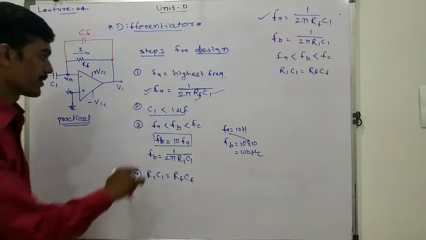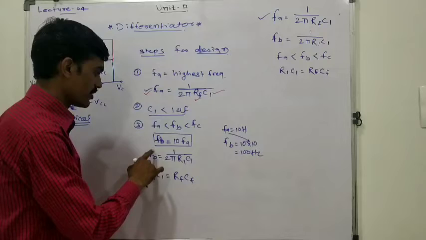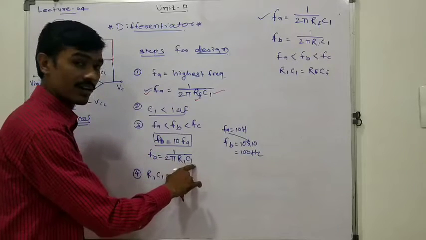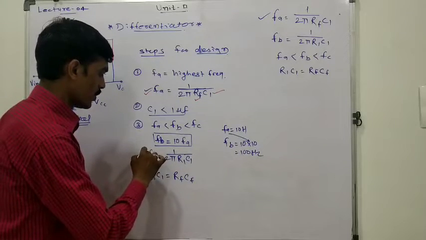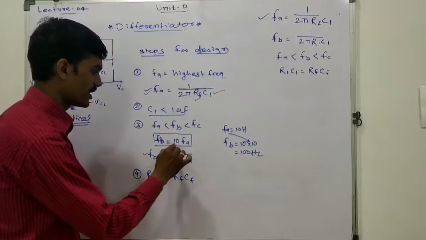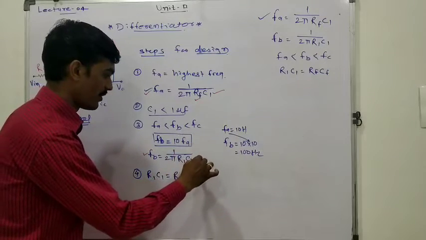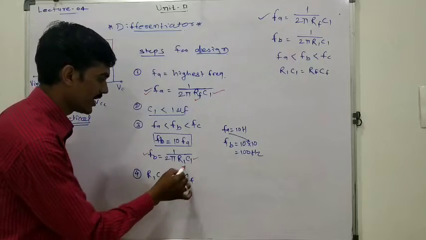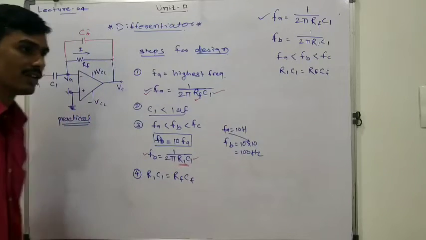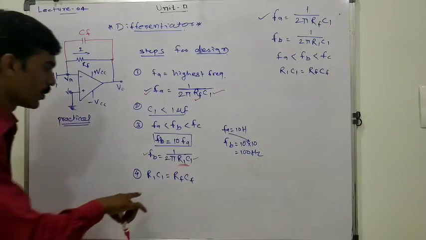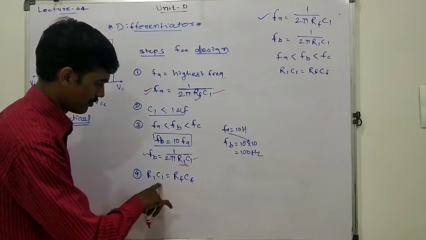Next step is FB. FB is equal to 1 upon 2 pi R1 C1. We know FB is equal to 10 times FA, and we know the value of C1, so we directly calculate the value of R1. The remaining component is only CF.